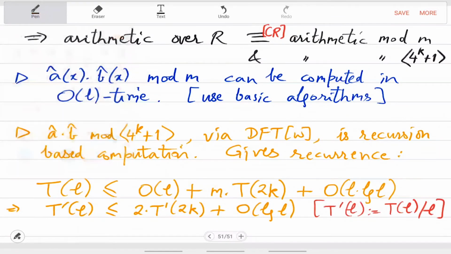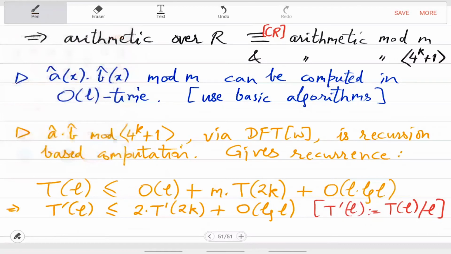Okay. So what is T prime L now? From this recurrence, what do you get? T prime of 2k, think of it like T prime of square root L. And if you take T prime L to be log L times log L, T prime of square root L will actually give you a factor half, which will cancel with the factor 2. Okay. So then your inductive proof for the solution of T prime will work.